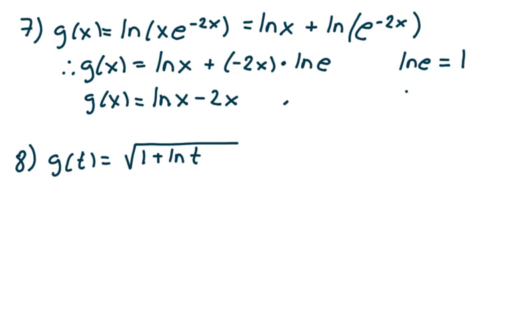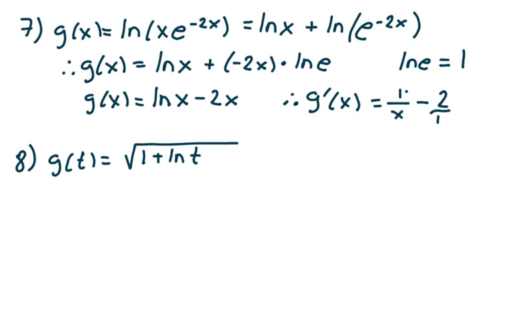And therefore, I can comfortably take the derivative. So g prime of x is equal to 1 over x minus 2. Now, you may want to talk to your instructor, right? Your instructor might want you to get a common denominator, and the common denominator in this case would be x.